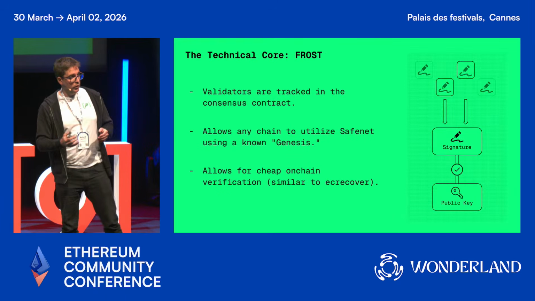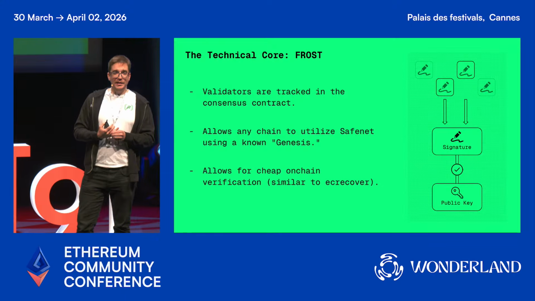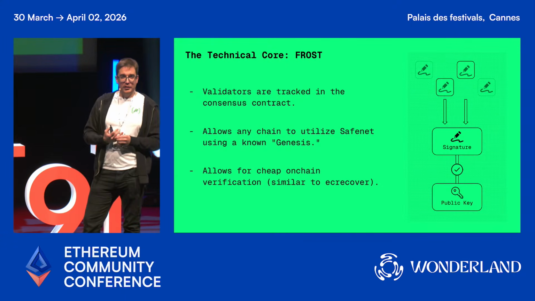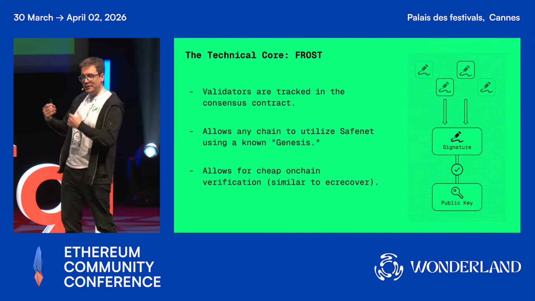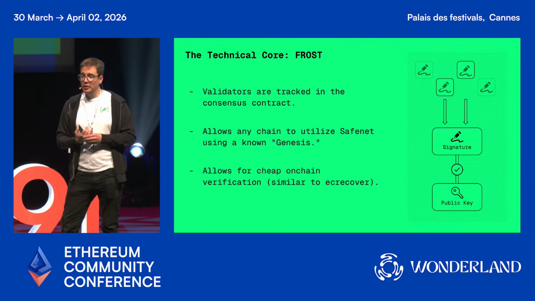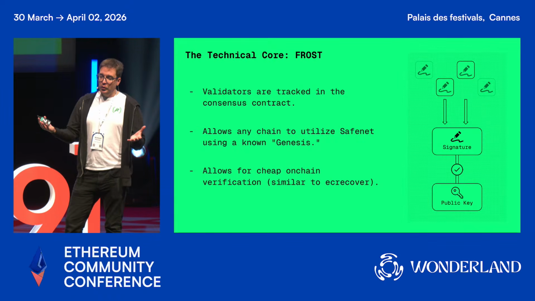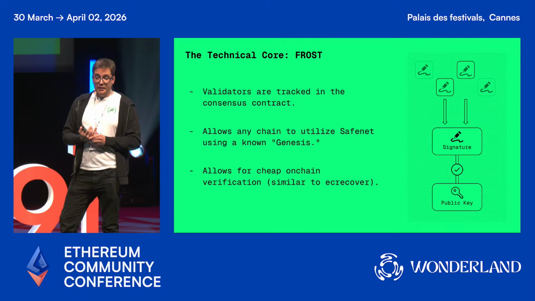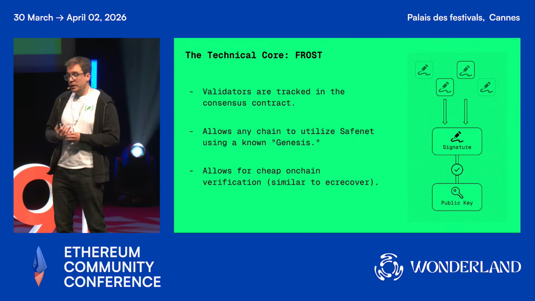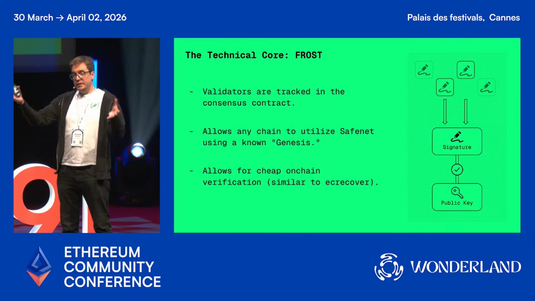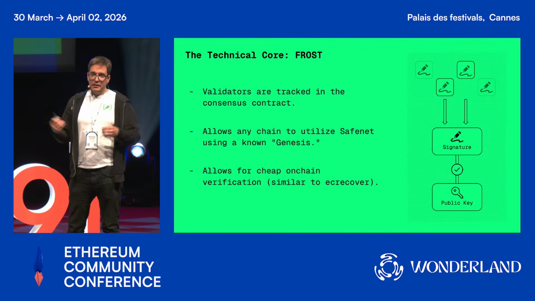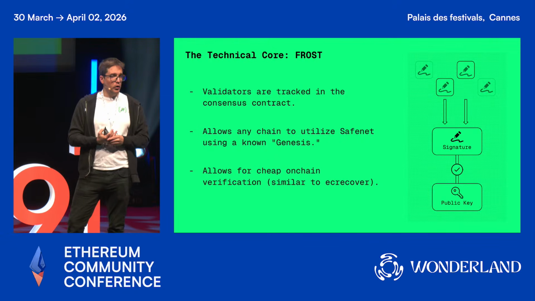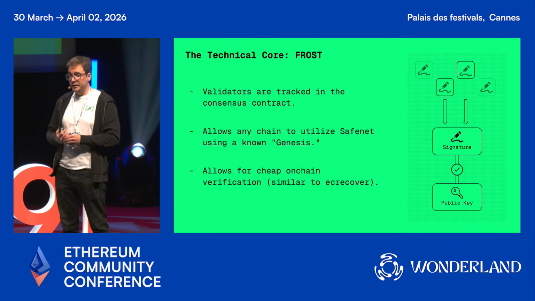So how does it work? Interestingly enough, at ECC, I have heard multiple talks, way more than I expected, about FROST, so I might repeat certain things that we have heard so far. At the core, we use FROST, a round-based threshold signature scheme, right? Our validators, the ones that act and attest transactions, the set is represented by a FROST public key or FROST group ID.